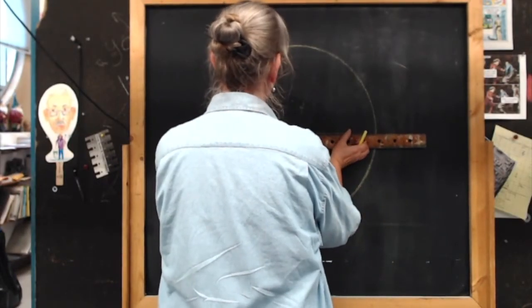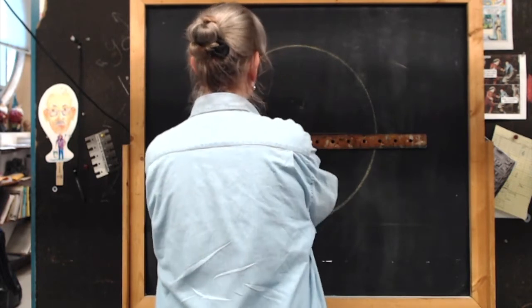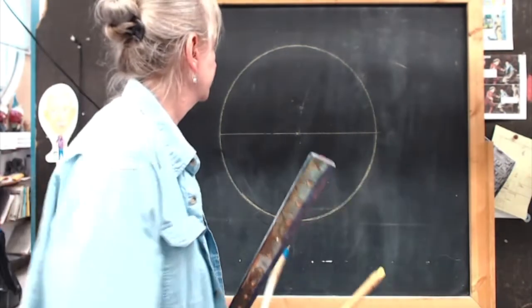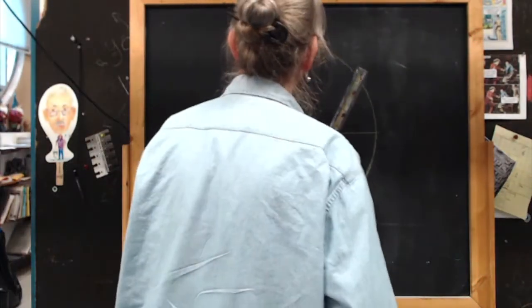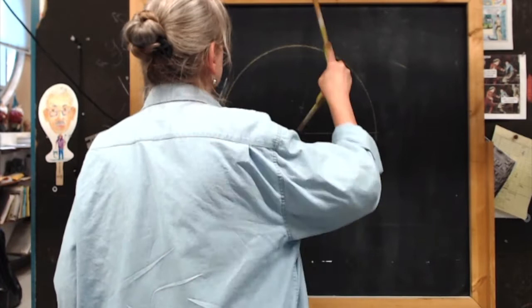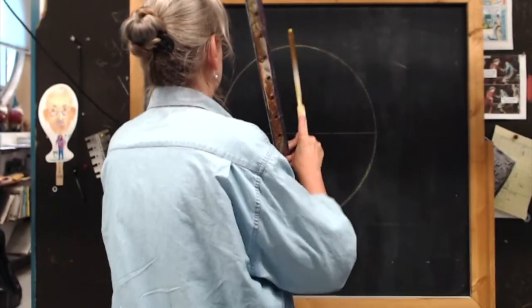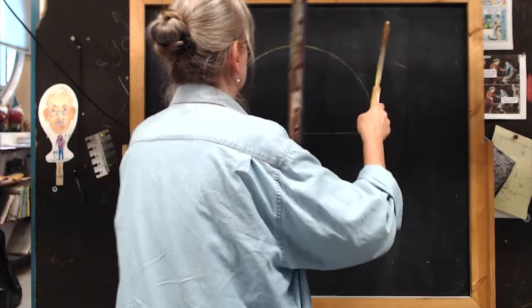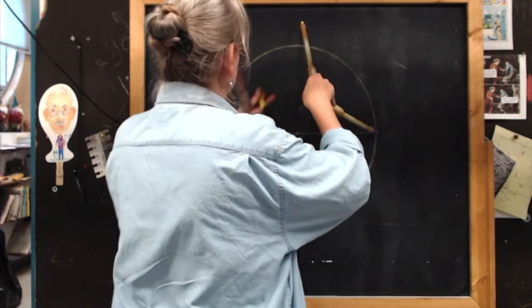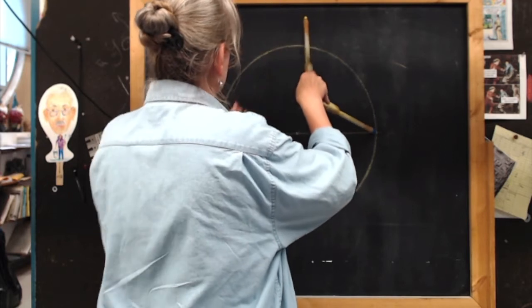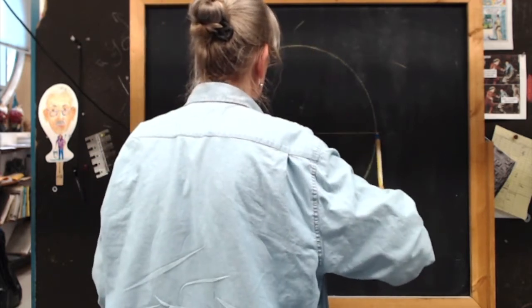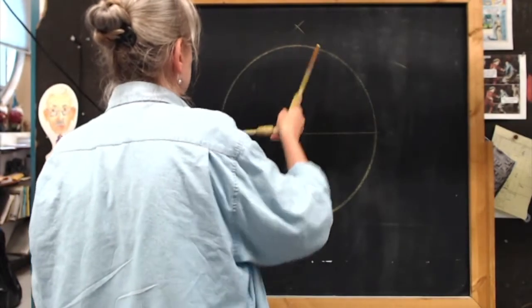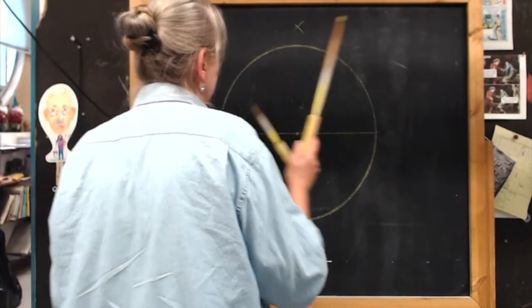So I do need to find my vertical and my horizontal baselines again. So I'm bisecting that line.